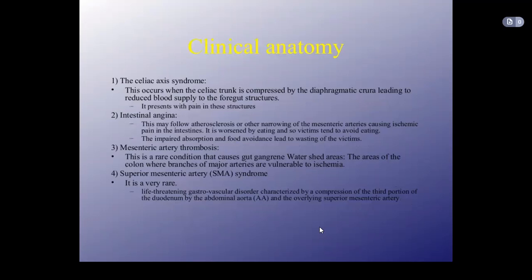You must remember the organs that make up the foregut, the midgut, and the hindgut. And know that the celiac trunk supplies the foregut, the midgut is supplied by the superior mesenteric artery, and the hindgut is supplied by the inferior mesenteric artery.